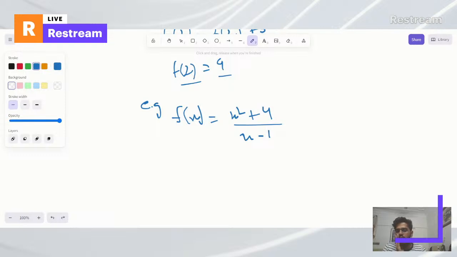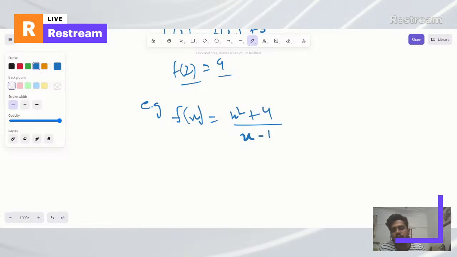At a certain value of x we do not get an answer. Can any one of you tell me which value of x does not give us a valid answer?